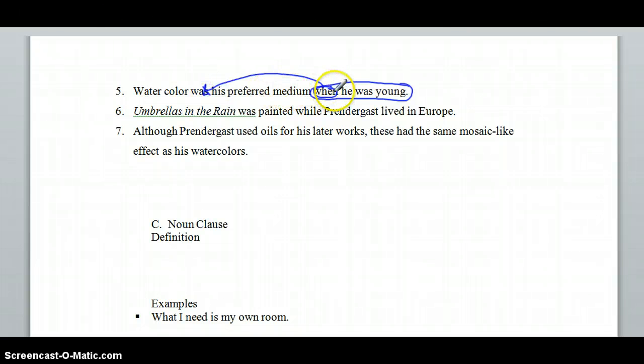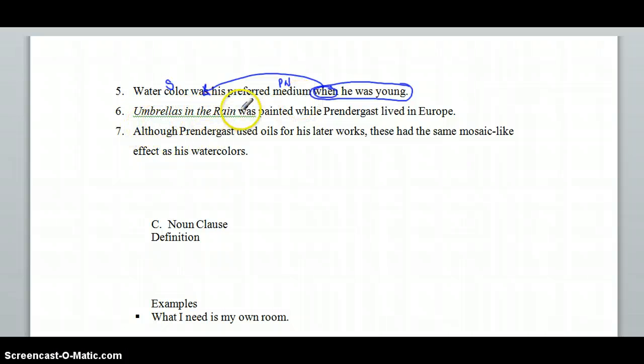It's not which medium, it's when it was his preferred medium. Now that feels like a weird one, but again, as a test, you could say when he was young, comma, watercolor was his preferred medium. Medium does happen to be a predicate nominative, renaming watercolor the subject. But again, if you can move it to the beginning or to the end, it is an adverb, not an adjective.